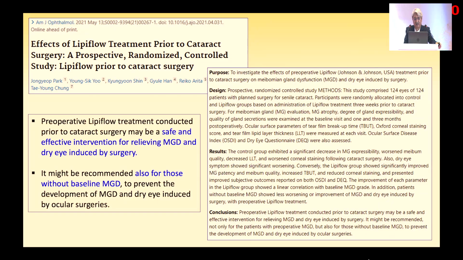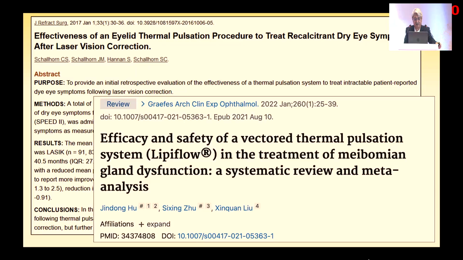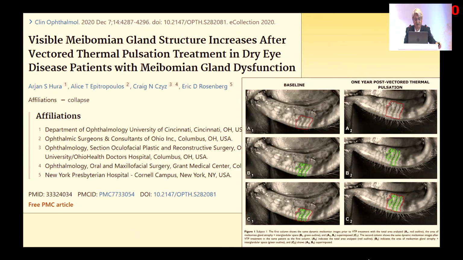There are randomized controlled trials, there are meta-analyses, everything is there. If you see this particular article from December 2020, they have claimed that visible meibomian gland structure increases after vector thermal pulse treatment, that means LipiFlow, in dry eye disease with MGD.